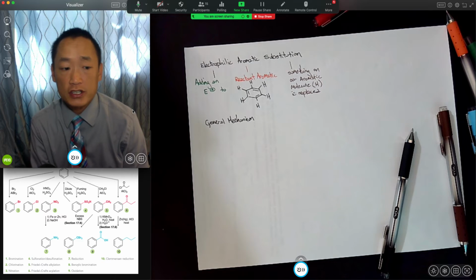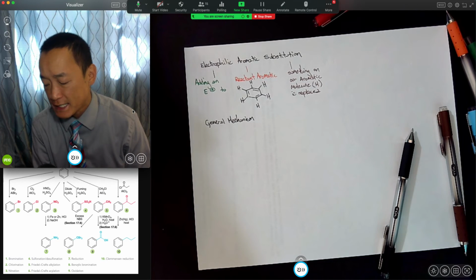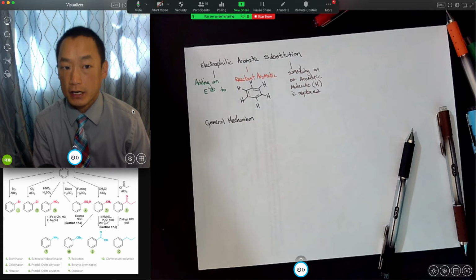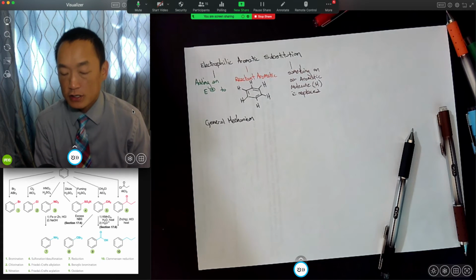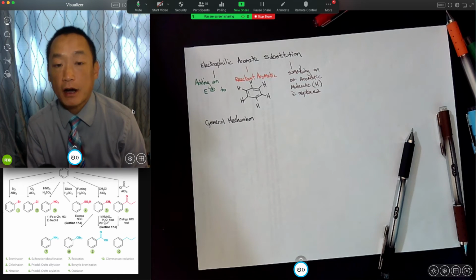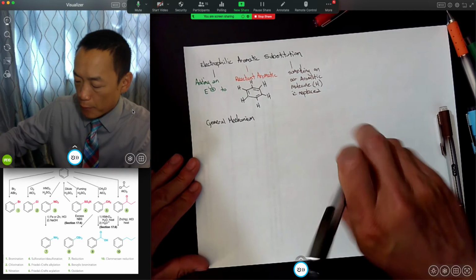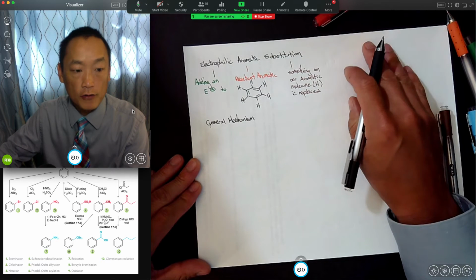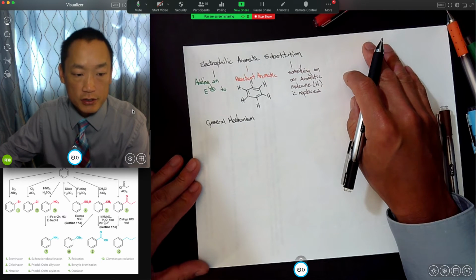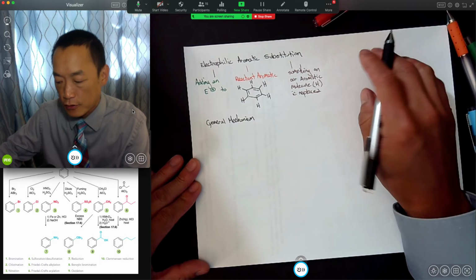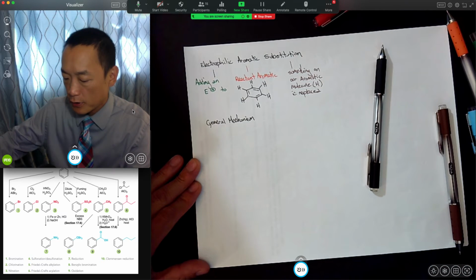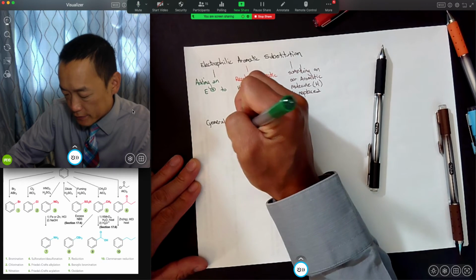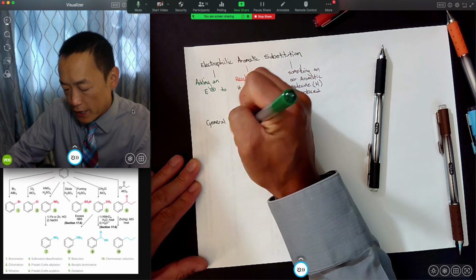All of these reactions, 1, 2, 3, 4, 5, and 6, all followed the exact same reaction mechanism. And so I will represent the Br, the Cl, the NO2, the sulfonyl, the SO3H, the methyl or that acyl group simply as an electrophile, E. I'm just going to write E plus.